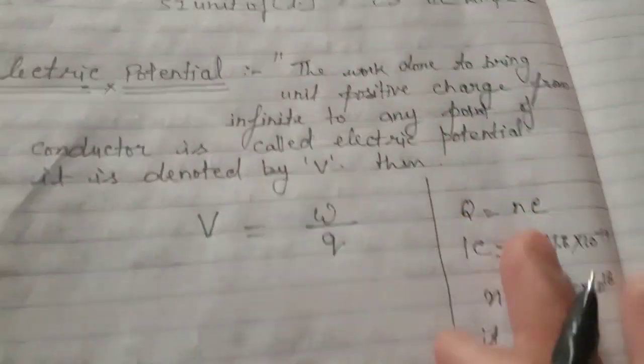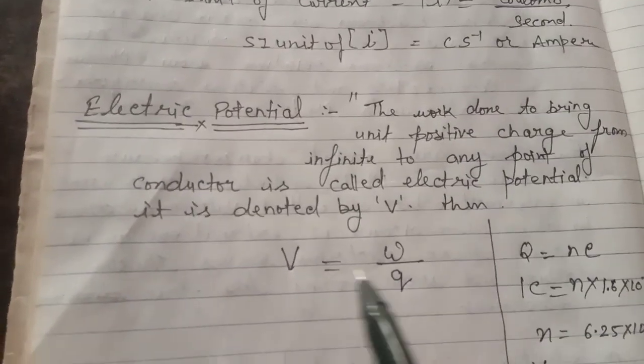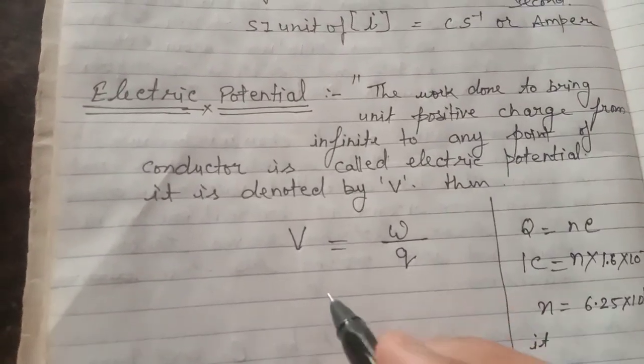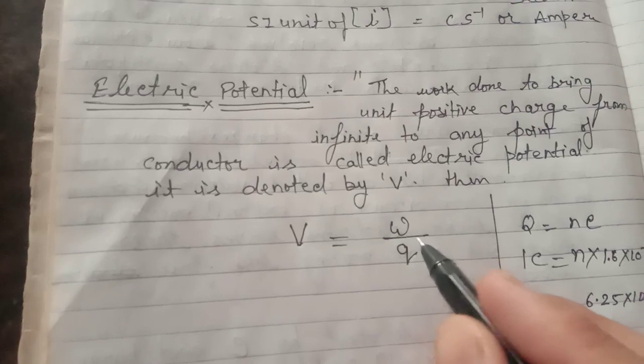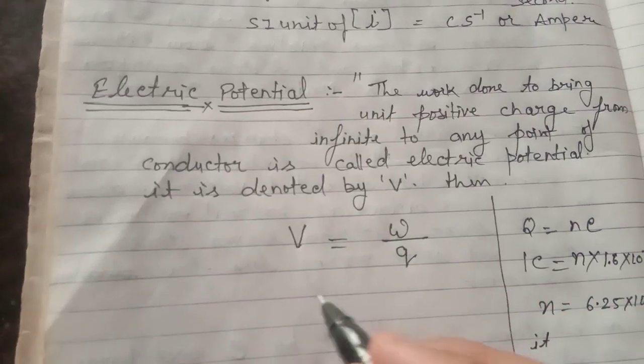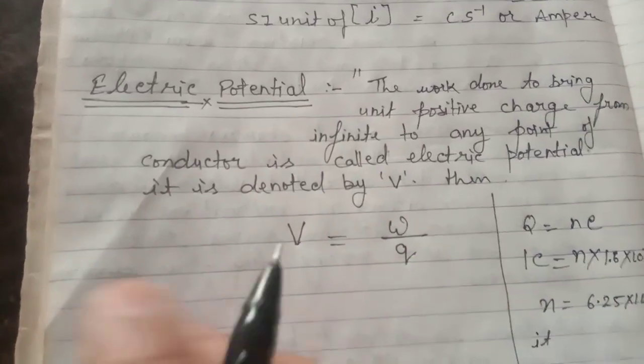Now, V is equal to W upon Q. What is the SI unit of W? W is work.